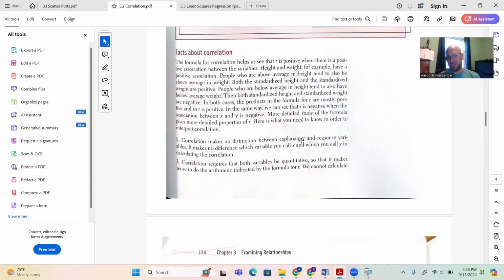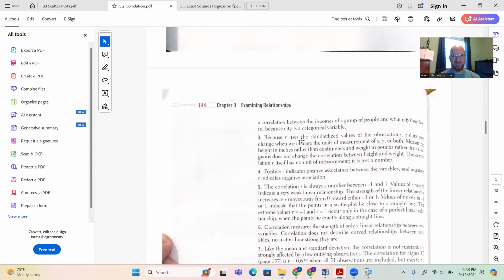It's important for regression, but not for correlation. Okay. Number two, correlation requires that both variables be quantitative. Okay, we had that scatter plot with the states, and we labeled categorical on the scatter plot, but it was still x and y, both explanatory and response, were quantitative, so you could do correlation on those.